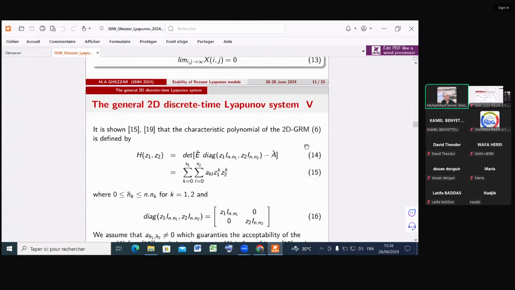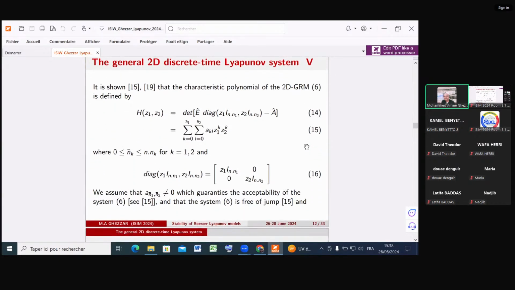For our work, we have used the characteristic polynomial defined by 15 and 19, and in the 19 and 15 by the formula for 14 and 15.